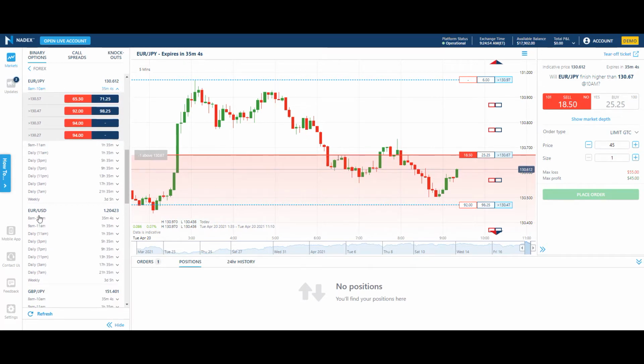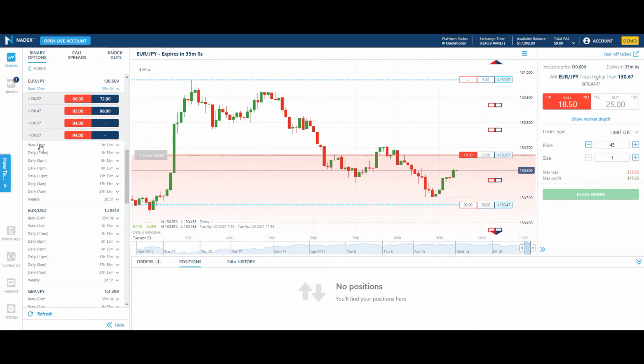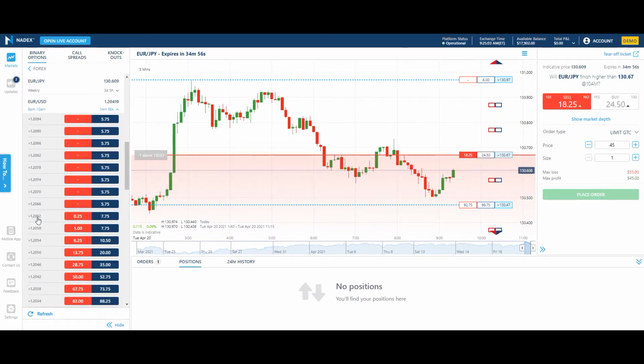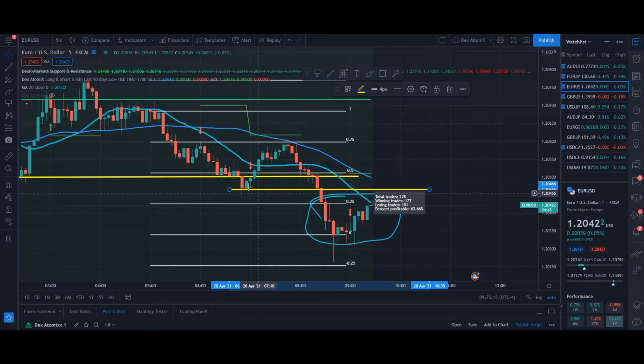Why? Because if we go into the Euro USD, oh, that's the Euro JPY, Euro USD right here. What's the statement width in this process? 4 pips. You see? It starts to make sense.